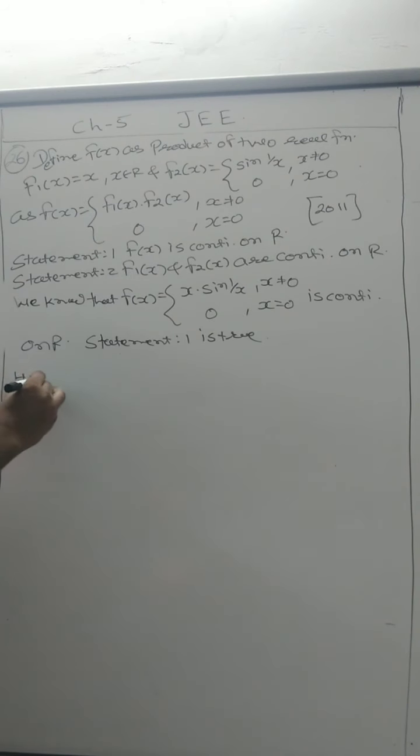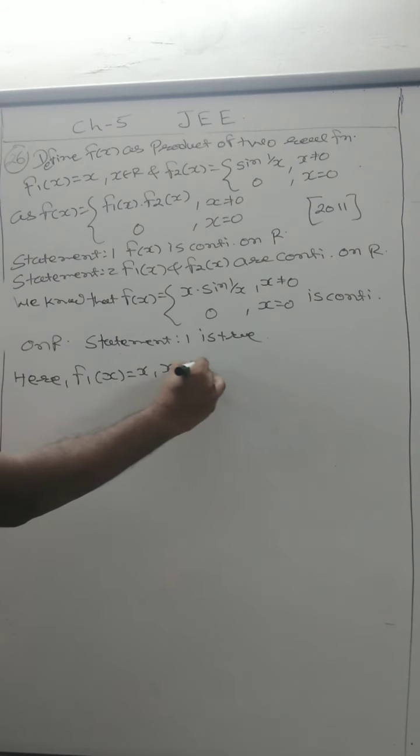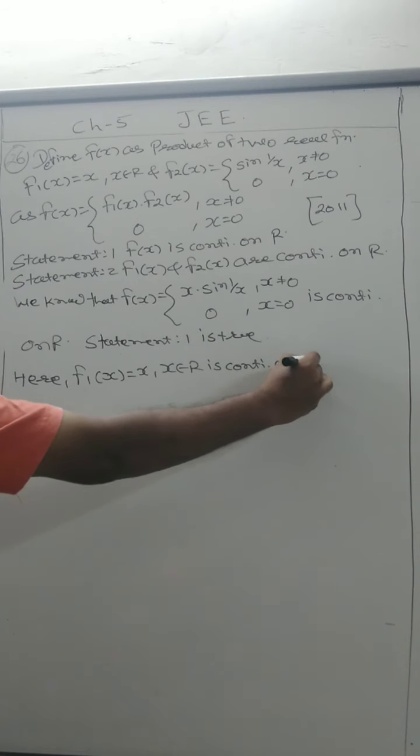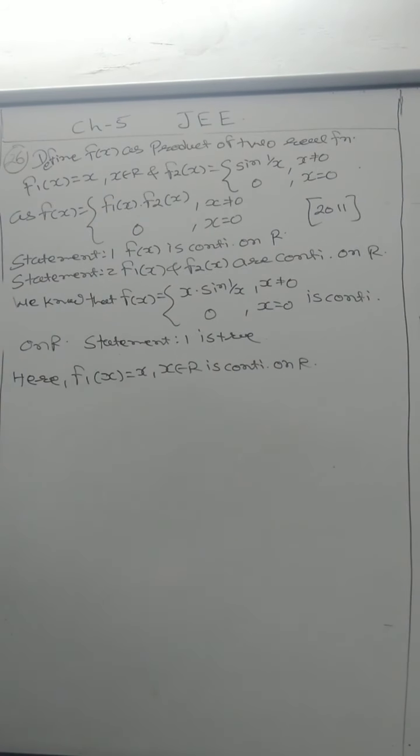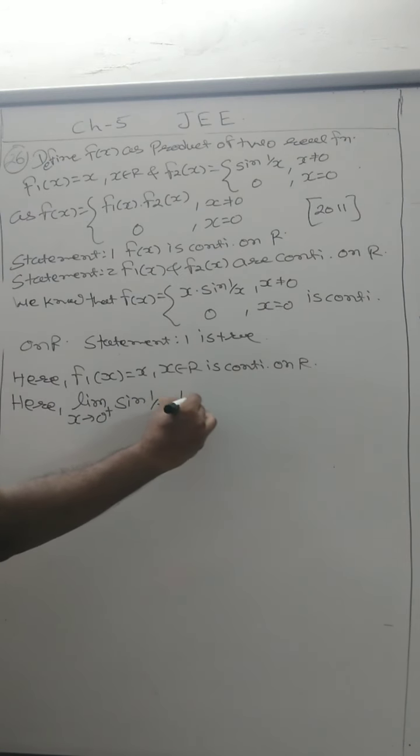Now, next thing is this one. Here f1(x) equals x, x belongs to R, is continuous on R. But when we talk about f2(x) equal to sin 1 upon x, then it does not exist. Or we can say that here the limit as x tends to 0 plus of sin 1 upon x does not exist.